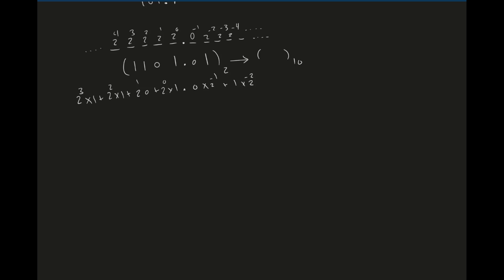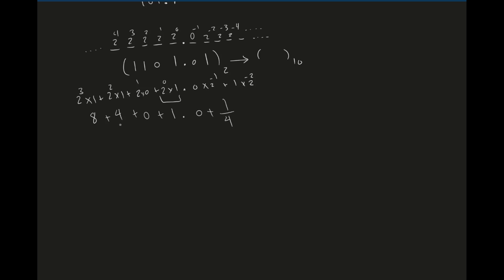In this case, I'm just going to add these values together. So 1 times 2 to the power of 0 is 1, plus 0 times 2 to the power of 1 is 0, plus 4 times 1 is 4, plus 1 times 8 is 8, plus 0, plus 1 over 4.